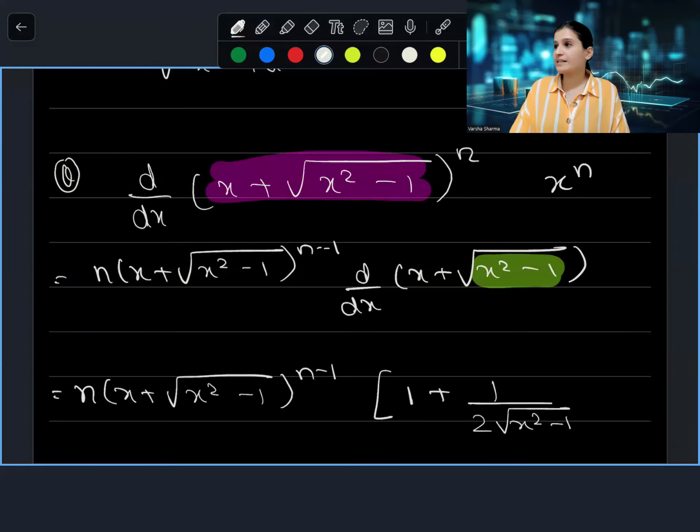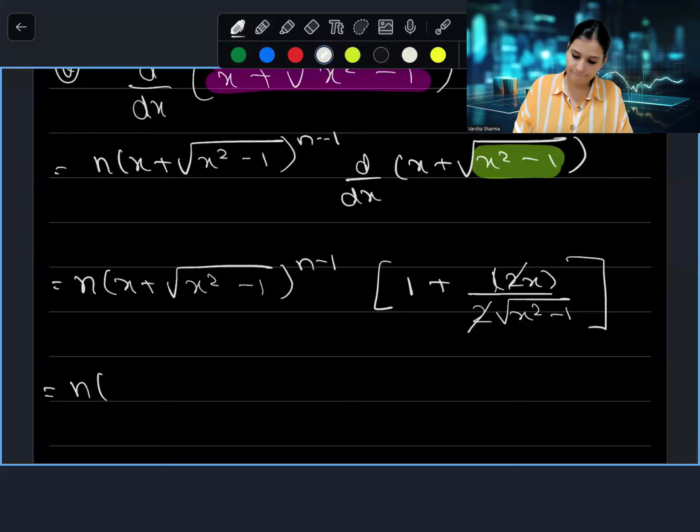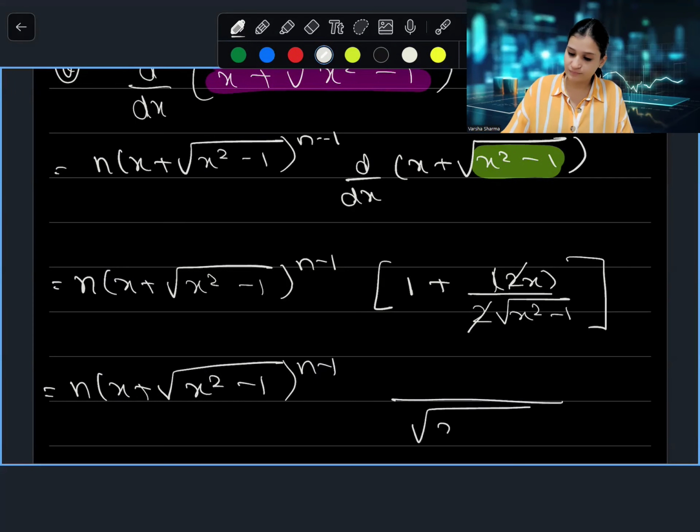What is the term instead of x? So x square minus 1 when differentiated gives us 2x. 2 gets cancelled. LCM, under root x square minus 1 plus x.